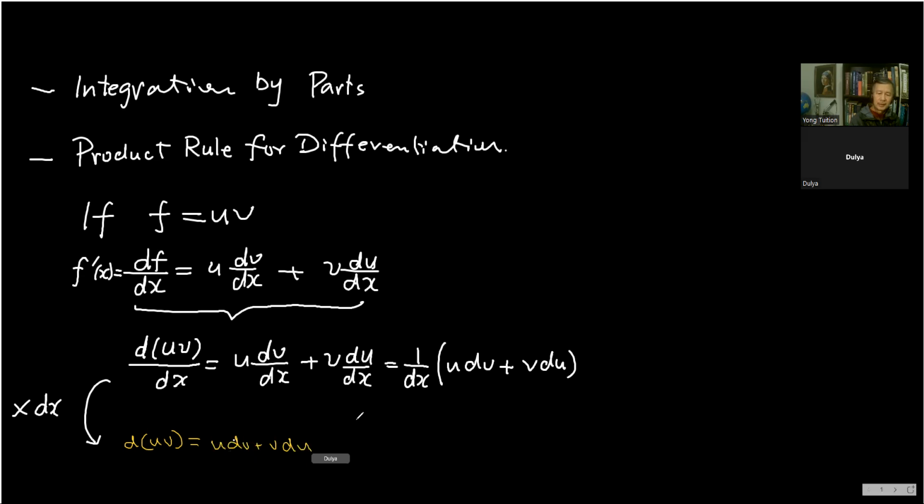So that's very important and useful. This form is called the product rule for finding the first derivative. That is the formula for the derivative. And this formula is for the differentiation. Some textbooks call it differential, but I prefer to call it differentiation.